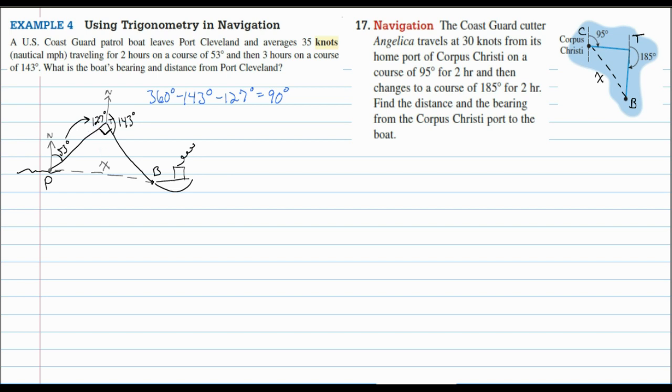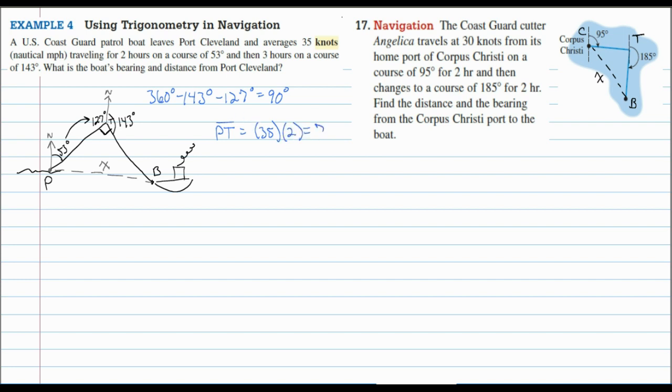Now the other part of this is I called P the port, T the spot where the boat turns, and B where the actual boat is. To find the distance of PT, distance equals rate times time, just like linear miles or distance. So PT equals the boat's rate, 35 nautical miles an hour, times 2 hours.